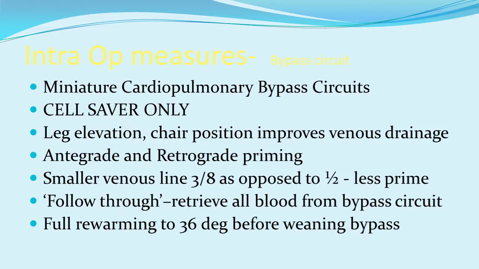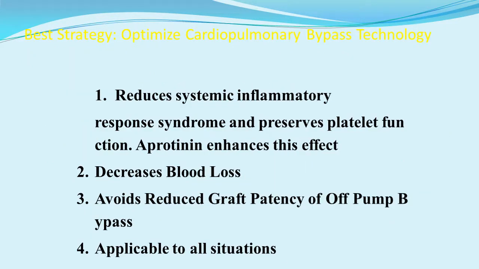Use a miniature cardiopulmonary bypass circuit, cell saver only, leg elevation, and chair position to improve venous drainage, antegrade retrograde priming, and a smaller venous line, 3/8 as opposed to 1/2, with less prime, and retrieve all blood from bypass circuits, rewarmed to 36 degrees before coming off bypass.